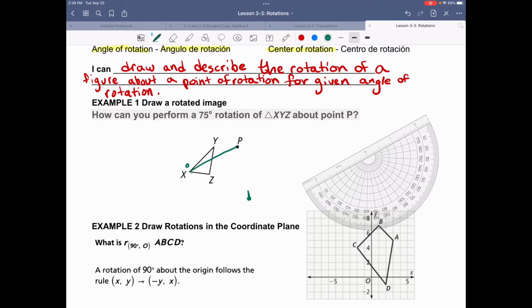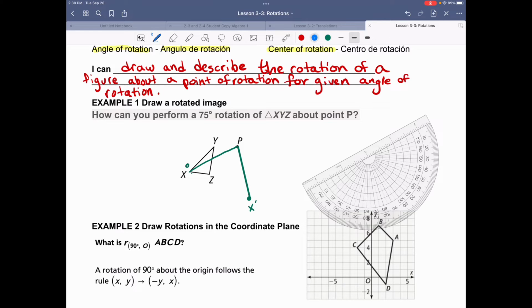Then you would measure XP, and that is what you get for this line. Okay, so I'm connecting P to this point, and that will be my X prime.